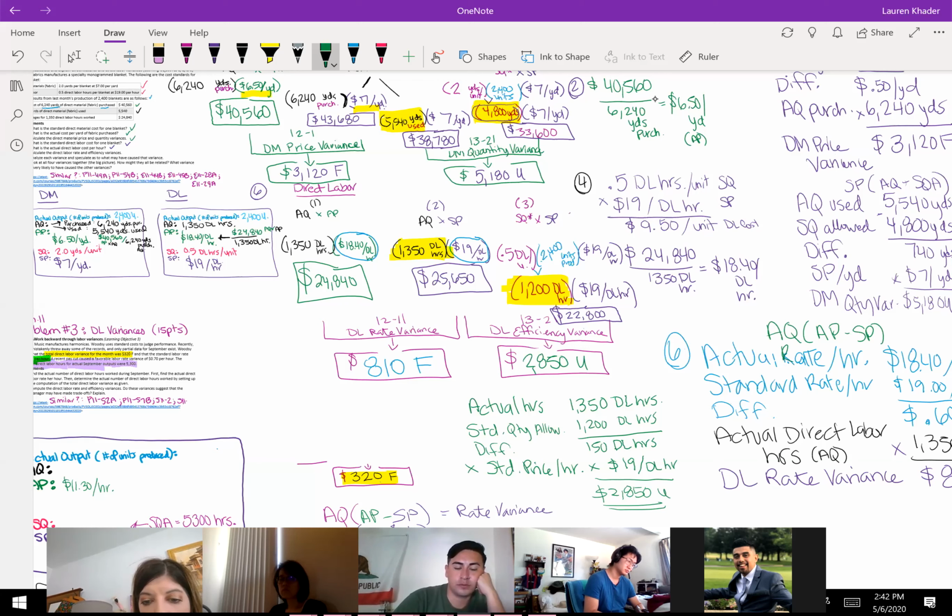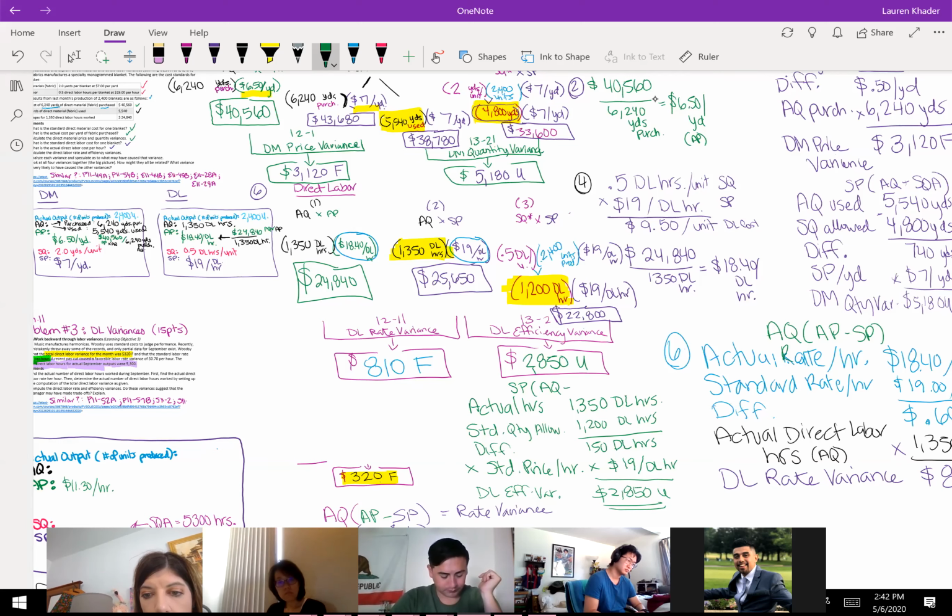Unfavorable. So this one, we're holding the standard price constant, $19 per hour, and we're focusing in on the difference between the actual quantity compared to the standard quantity allowed.